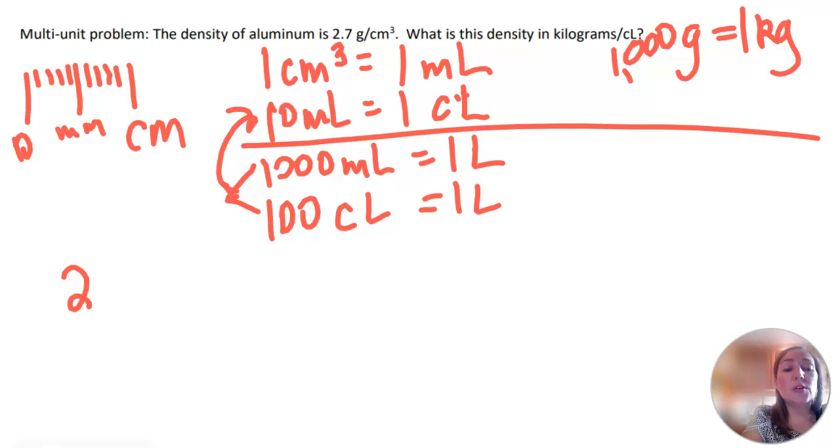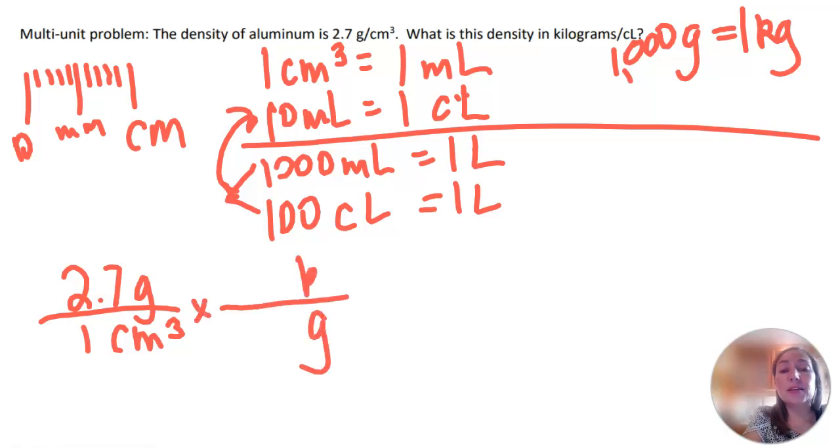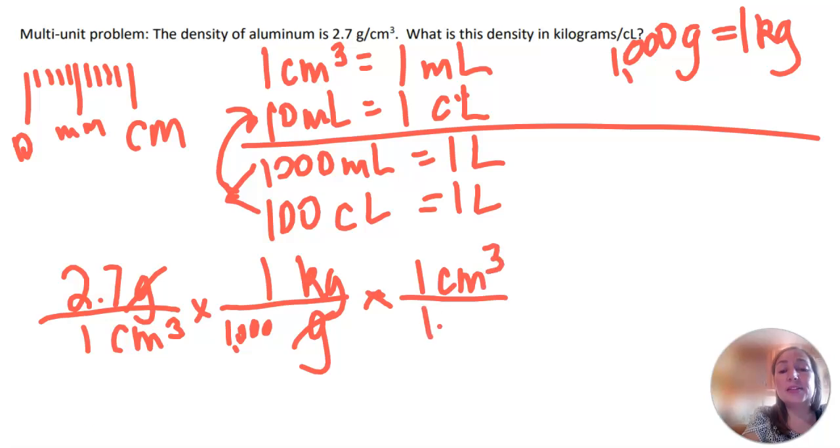So let's start with our known, 2.7 grams in every 1 centimeter cubed. Okay, well, let's bring down grams and get to kilograms. We know in 1 big kilogram, there are 1,000 little grams. Okay, so grams are going to cancel. We know 1 centimeter cubed is the same as 1 milliliter.